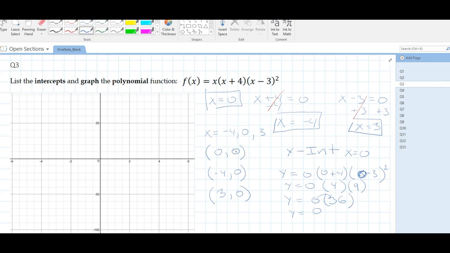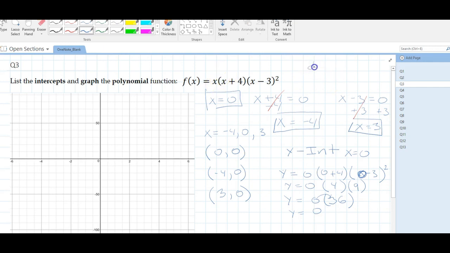How to know the direction where your graph is going to come from. We need to count our exponents, our x's. We have 2 x's here, 1 x here, so it's 3, and 4 with this x. We have to take care of that one too.